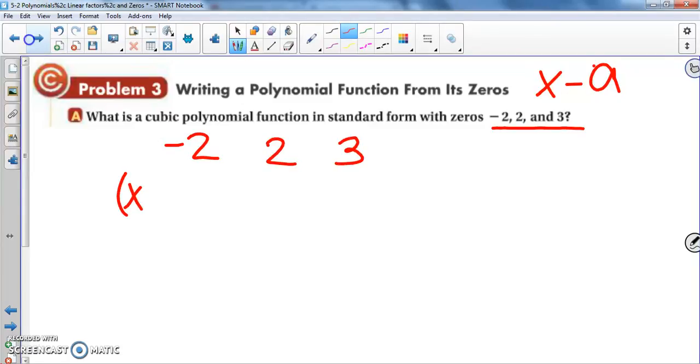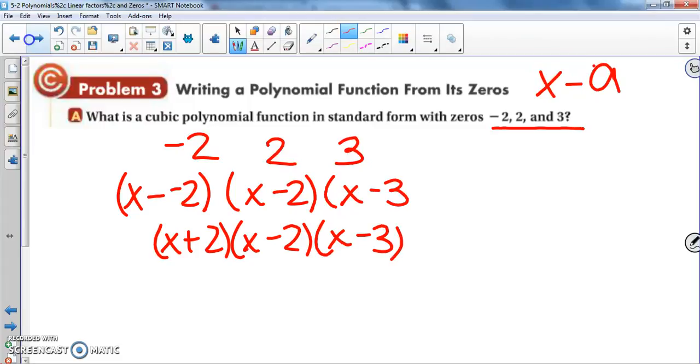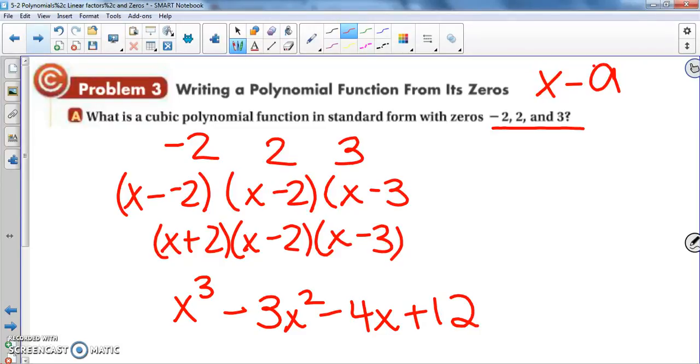I have x minus -2 times x minus 2 times x minus 3. So I have x plus 2 times x minus 2 times x minus 3. If you multiply that out, you get the standard form of x cubed minus 3x squared minus 4x plus 12.